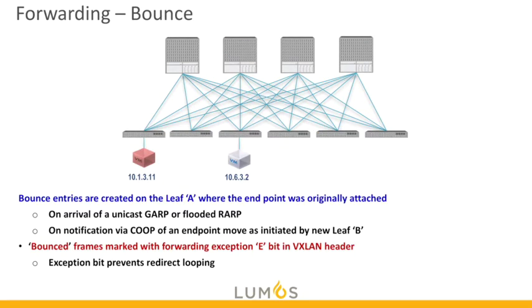So what happens if we do a vMotion? If we do a vMotion from one leaf to another leaf, there's going to be a period of time where we're going to have packets still hitting the old egress leaf. So the first thing we need to do is make sure that everyone knows that this virtual machine is on a new leaf. The way that we do that is either through a unicast GARP, gratuitous ARP, or a RARP.